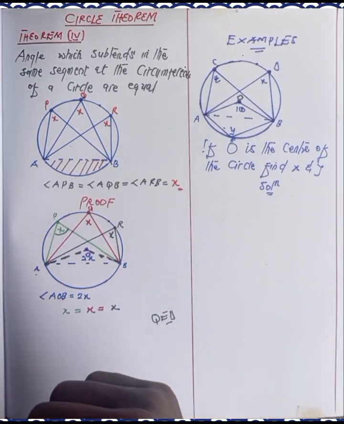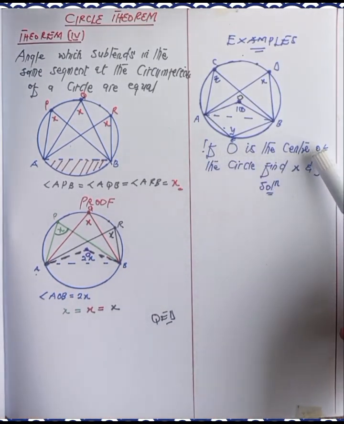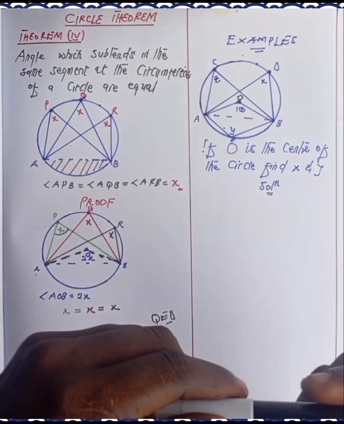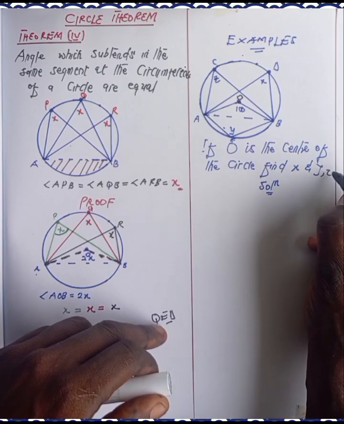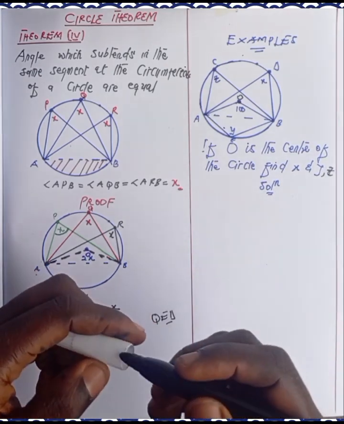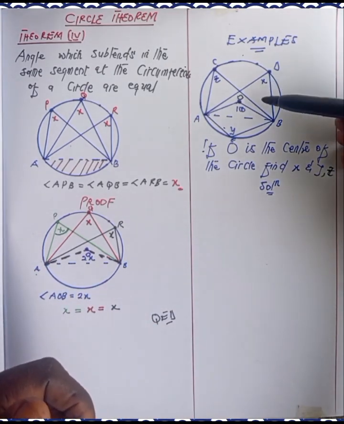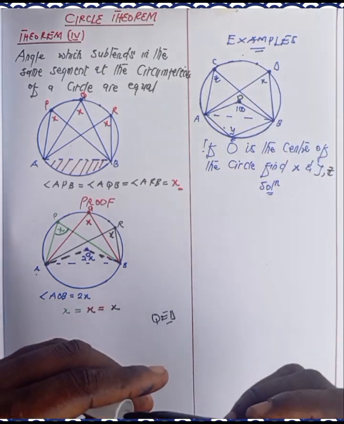So we have the example here. If O is the center of the circle, find X and then Y and then Z. So we have to find this angle, and then this angle.